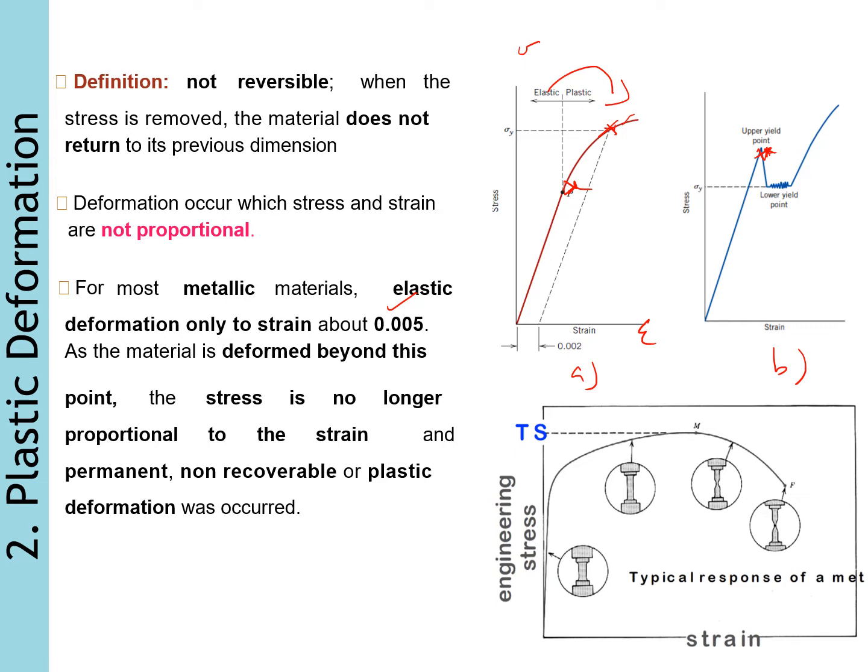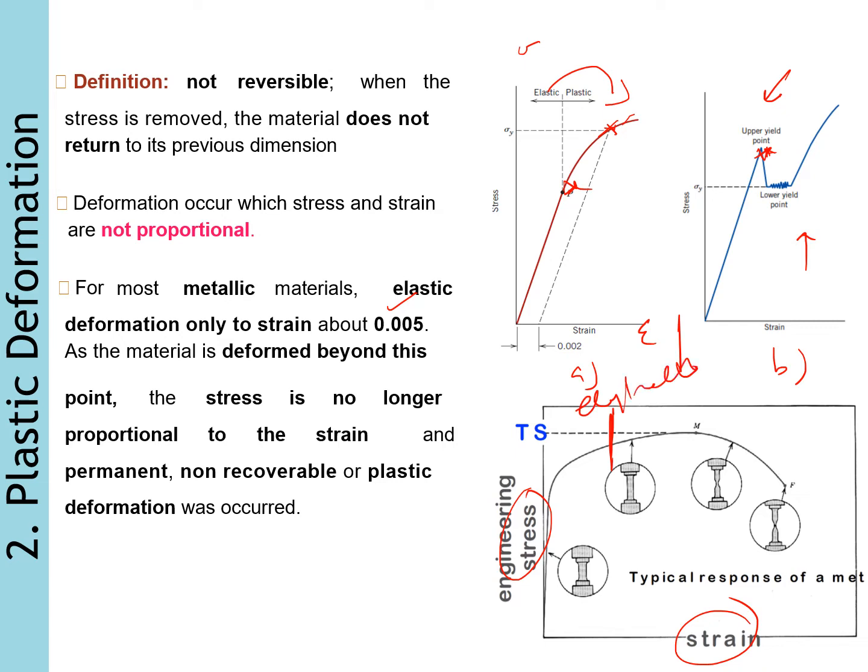So this is where you have an upper yield point and a lower yield point. This represents the onset of strain hardening, the point where strain hardening will start. If you see from here, it is almost similar: in terms of stress and strain, the sample starts necking after exceeding the elastic region.